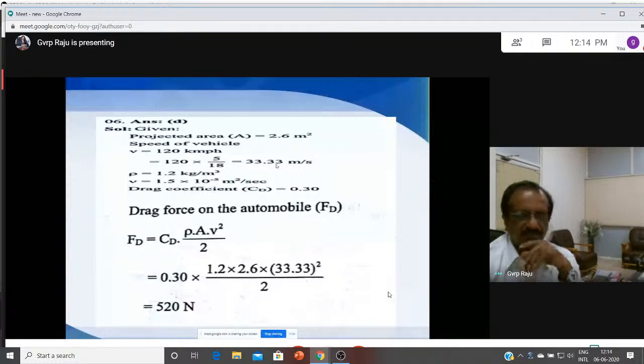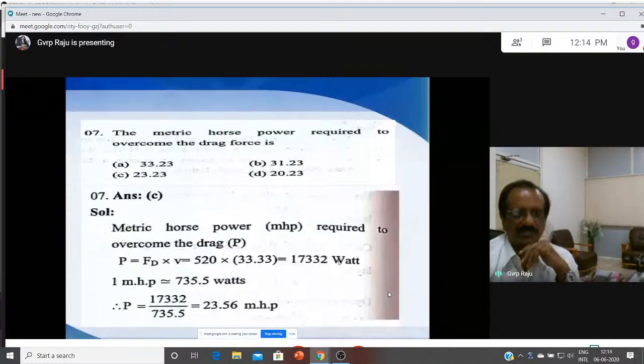So you can use these values here, Fd into V. So 520 into 33.33, that is about 17332 watts here.